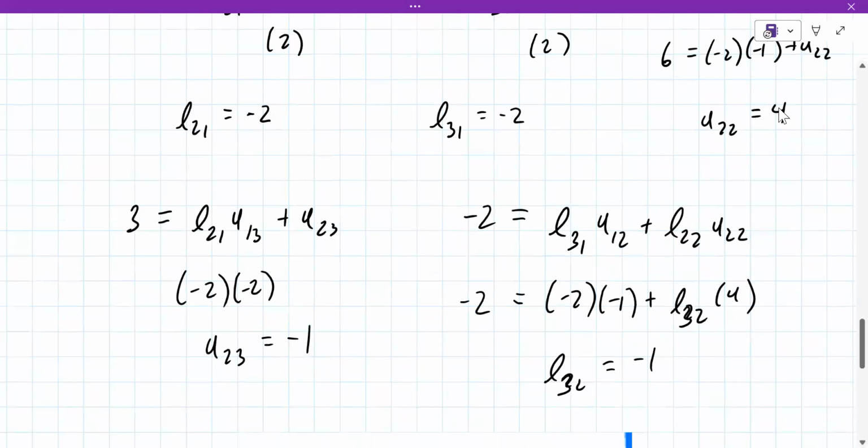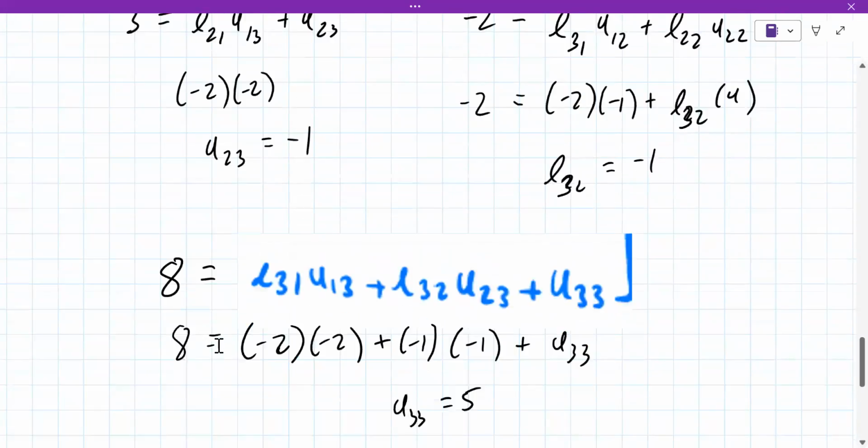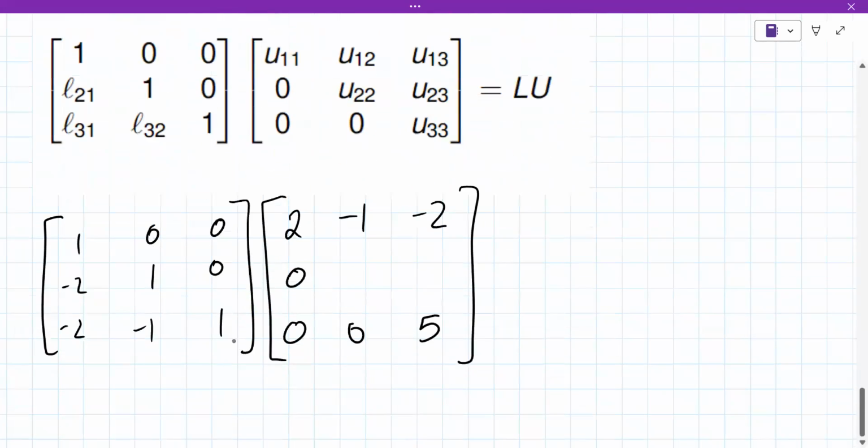U22 is 4 and U23. So there you go, -1, 4 and -1. Like that. Now, if it were me as a student, I would go to the internet and find an LU decomposition calculator and make sure this actually matches. It looks right, but I don't know.